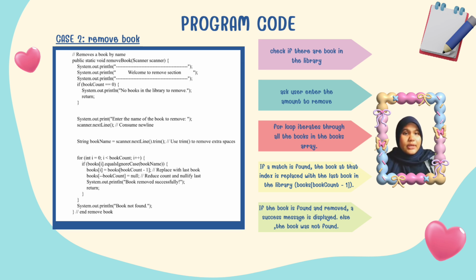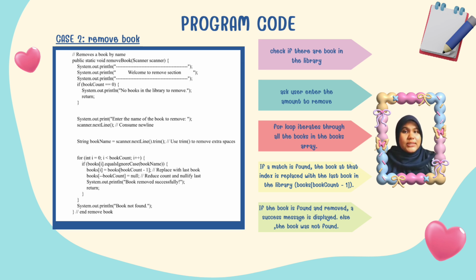Okay, second one, we want the user to enter the name of the book they want to remove. So SOP, enter the name of the book to remove, and then we do the coding so that the user can enter the name of the book, like String bookName equals scanner.nextLine.